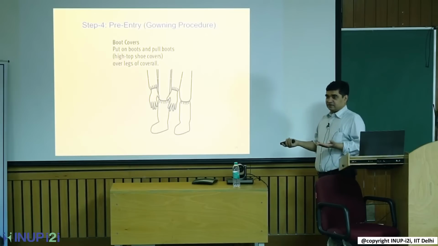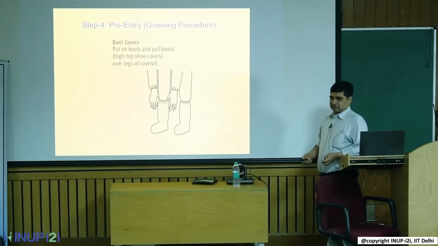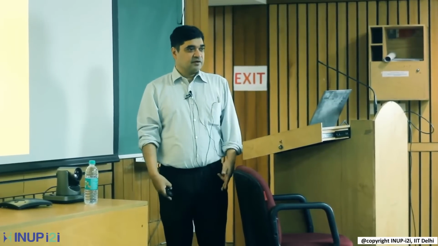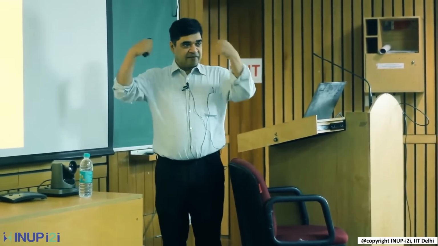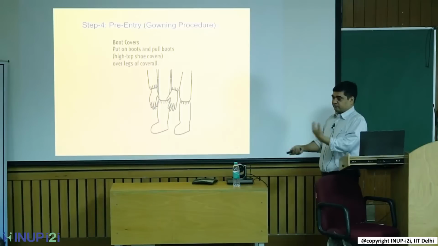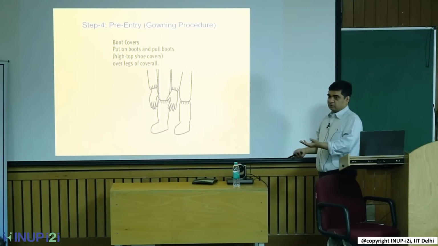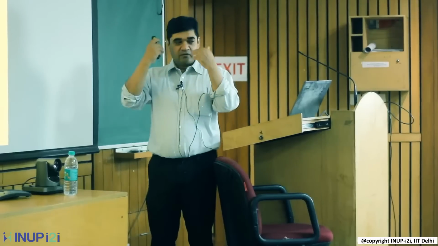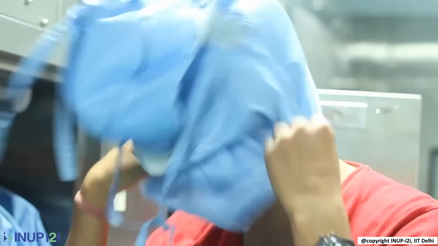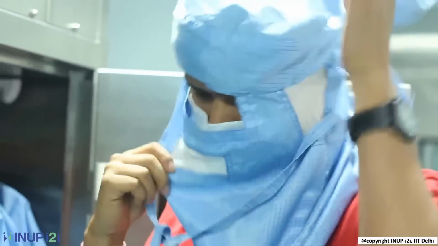Why this way? Suppose I wear my shoes first, what's happening? All the dust from my cotton shirt is falling on my coverall or on my boots, and then I wear this. So what has happened? I have transferred that dust, so my PPE is not doing the work that it was supposed to do. So you have to wear it top to bottom, so that the dust falls inside your garment, not outside, right?